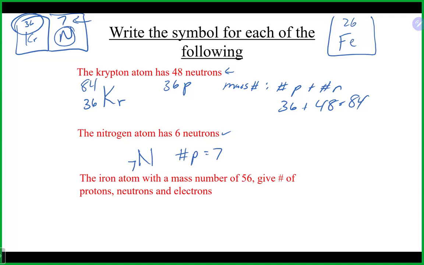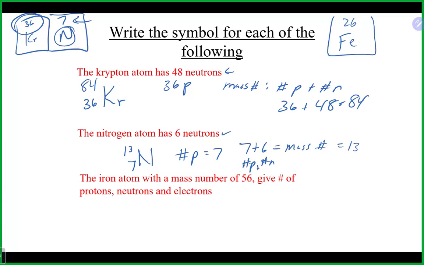So once again, we do not want to use the number on the bottom there on the periodic table for mass number, as that is not the mass number. We want to use what was given to us in the problem to calculate that. So 7 plus 6 will give us our mass number, as that is, again, our protons plus our neutrons. And that's going to get us 13, it looks like, as our mass number.